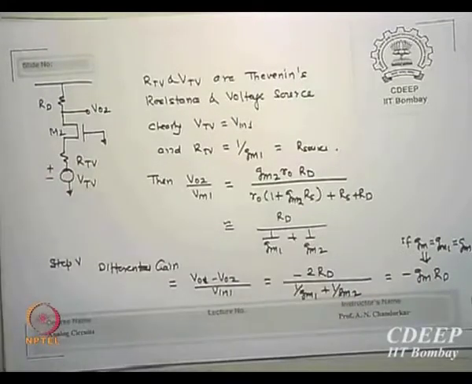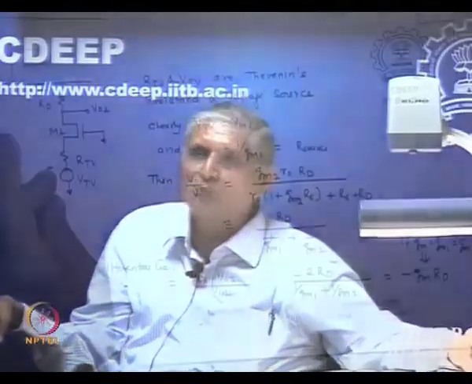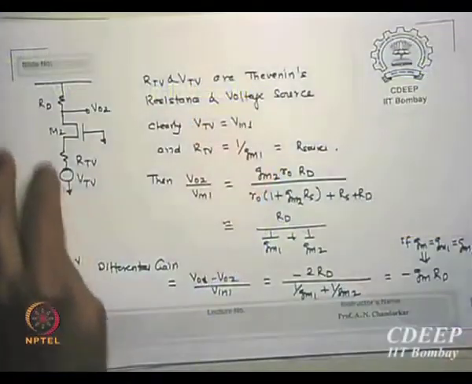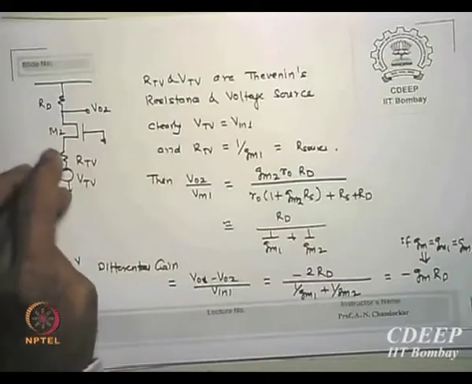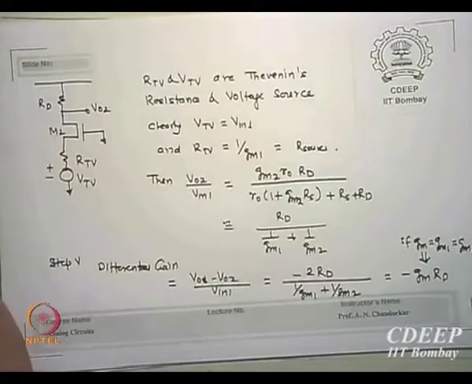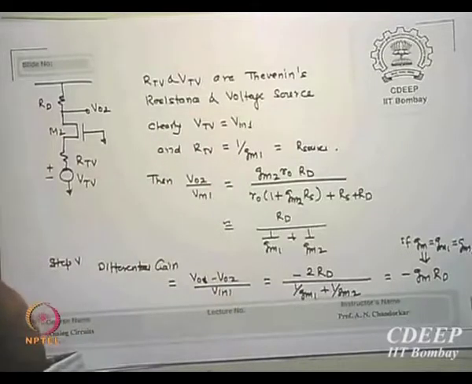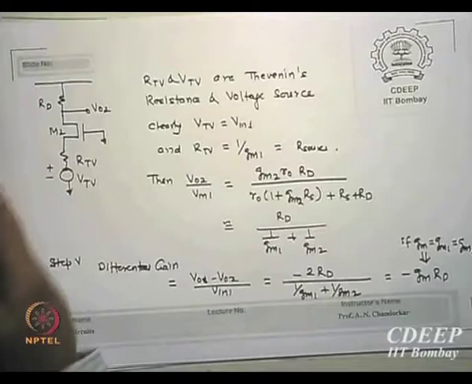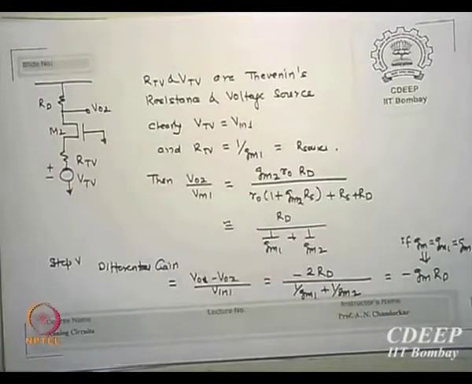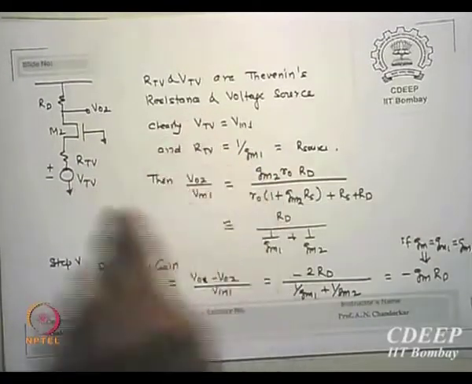That means the equivalent of M1 is the Thevenin equivalent, which shows M2 a certain voltage and a certain equivalent resistance. Okay. Clearly we can say VTh is nothing but Vin1, because that is the input available to you, and RTh is nothing but 1 upon Gm of M1 parallel R0, but R0s are much smaller, so neglected.